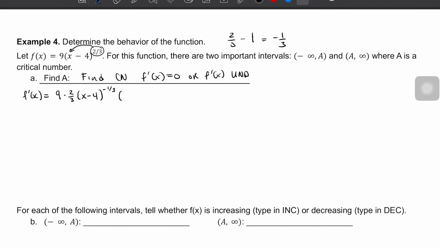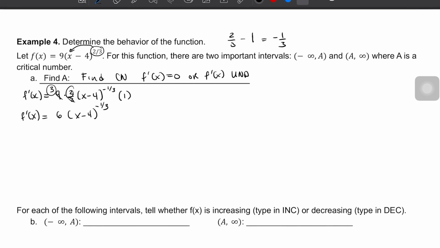And then multiply by the derivative of the inside, which is the derivative of x minus 4, which is 1. All right, so we simplify these two. These will cancel, and this will give us a 3. So 3 times 2 is 6. So 6 times x minus 4 to the negative 1/3. All right, so we found our derivative.